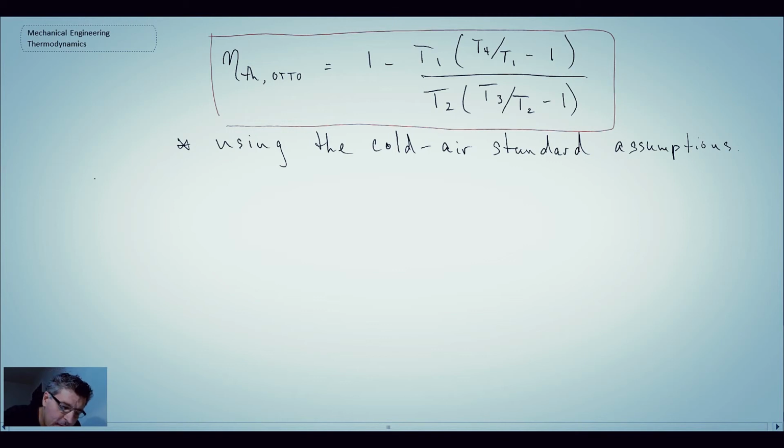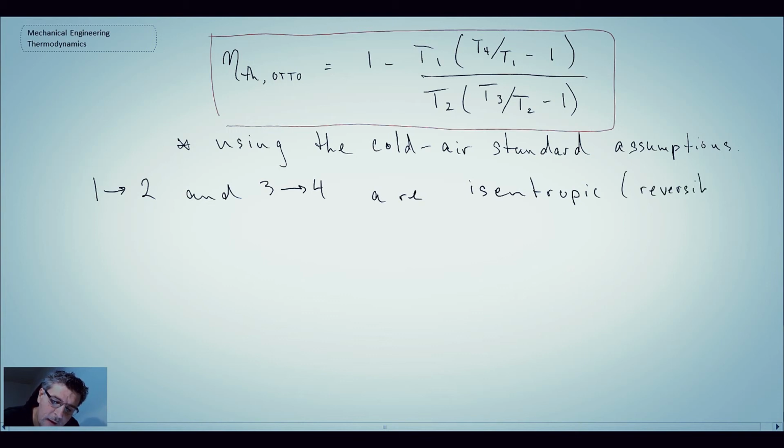And the way that we're going to do that is we're going to look at our cycle. And if you recall, processes 1 to 2 and 3 to 4 were isentropic. And if you recall the definition of isentropic, that means reversible and adiabatic.